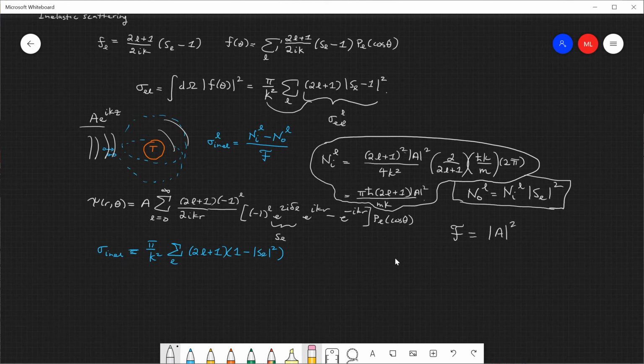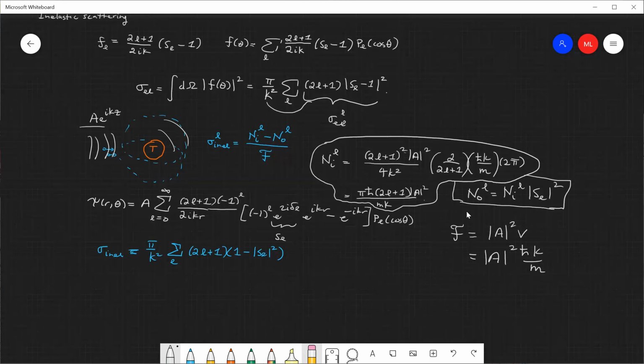times the velocity, right? And the velocity is h bar k over m, the momentum over m.